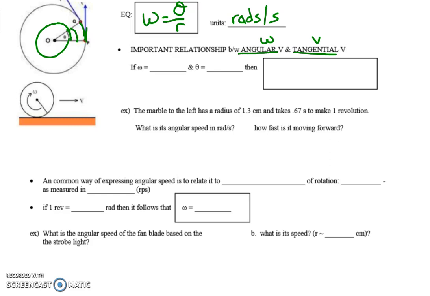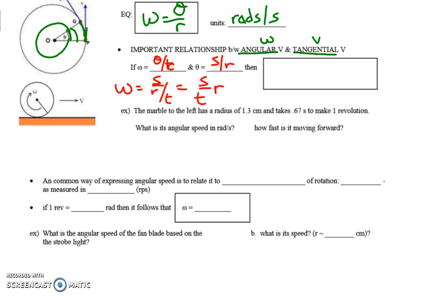Okay, so it's a fairly simple derivation. If we define, again, omega as theta over time, and theta we saw from above is s over r, then omega is going to be s over r divided by time. If I simplify that, that's distance divided by time times r. I'll leave it to you to work on that simplification.